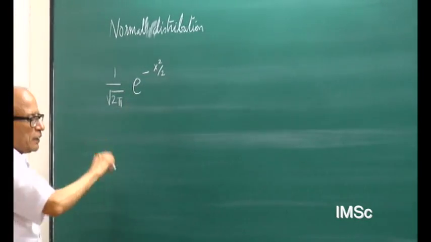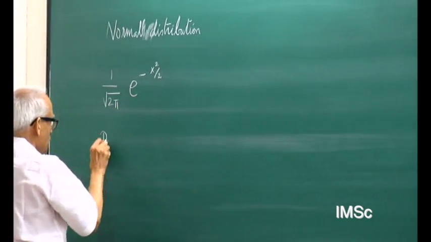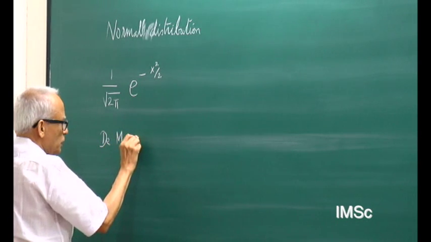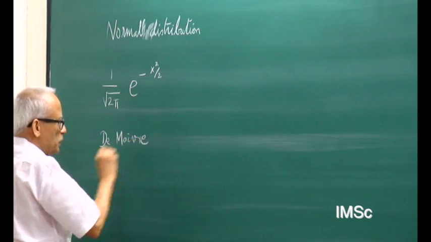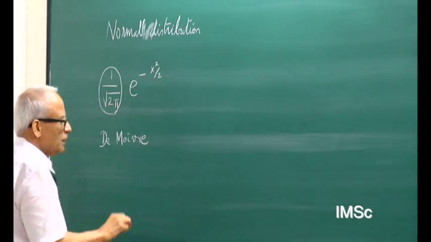This was first arrived at by De Moivre in his analysis of the binomial probability distribution, but he did not know what this factor was.